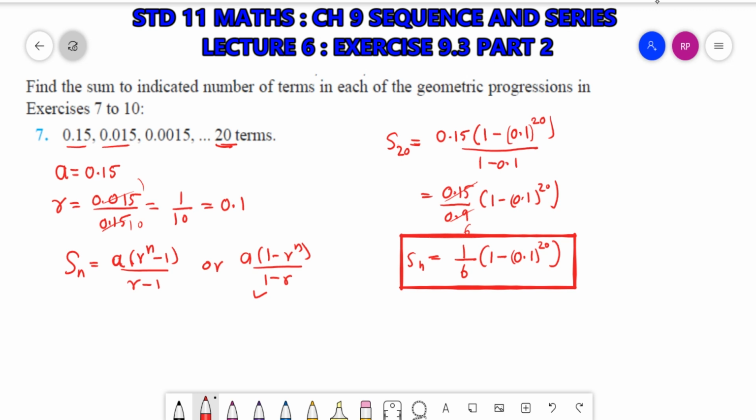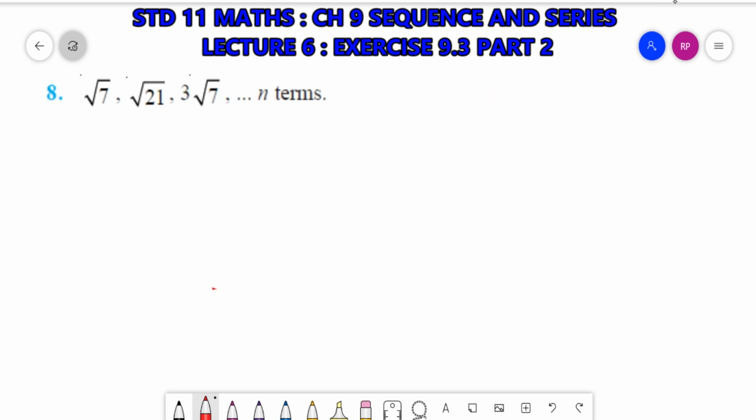Let's see the next question, that is question number 8. Root 7, root 21, up to n terms. So here the first term a is equal to root 7. The ratio r is equal to root 21 upon root 7. 7 3s are 21, so that will be equal to root 3. It's greater than 1. So now you have to find the sum up to n terms.